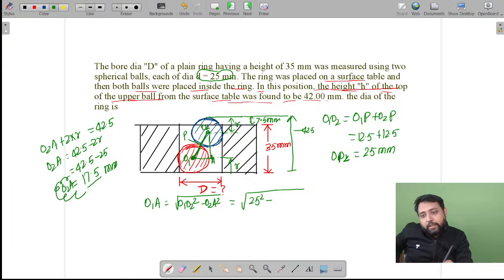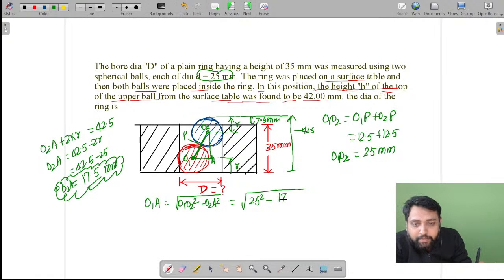O2A will become 17.5 mm. So this is like square root of 25 square minus 17.5 square.